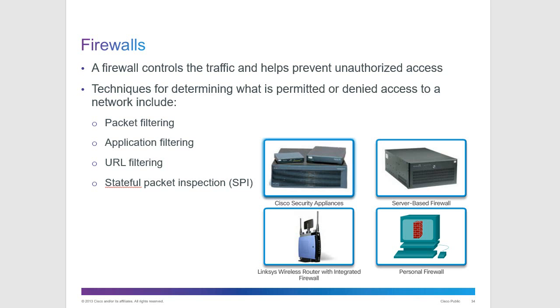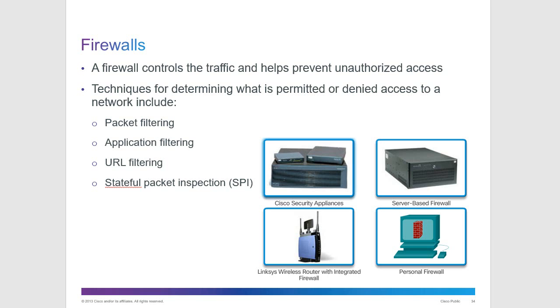Here we have our firewall, which does control traffic and help prevent unauthorized access through things like packet filtering, which prevents or allows access based on IP or MAC addresses. Application filtering prevents or allows access by specific application types based on port numbers.